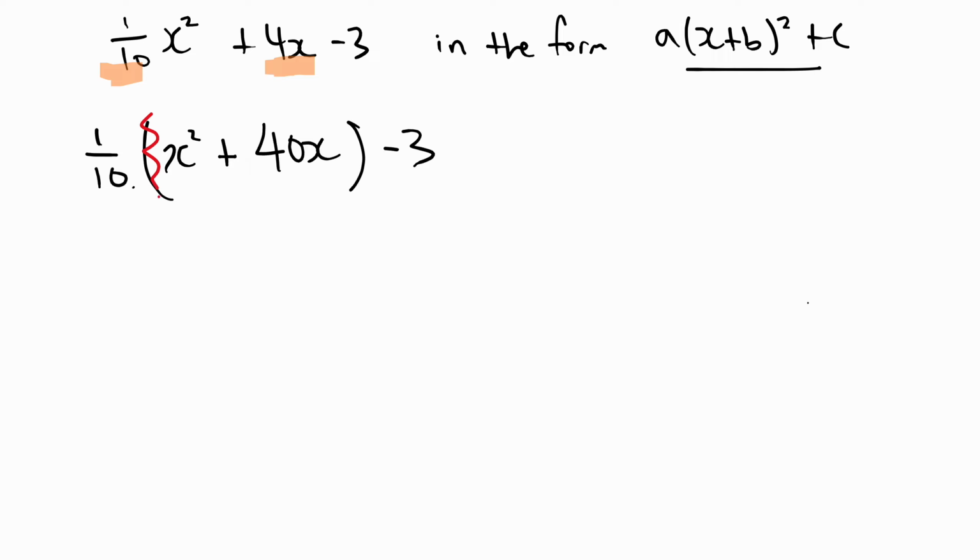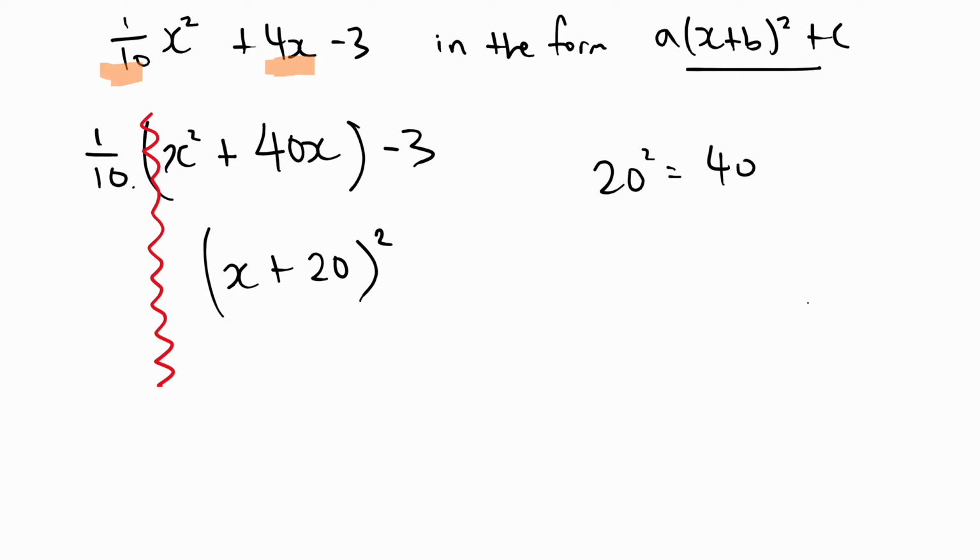We can ignore this 1 over 10 for now, and we can first simplify this expression first. That's just going to become x. Remember, the square disappears. 40 divided by 2 is 20. x squared moves over here, and 20 squared, that's going to be 400, right?